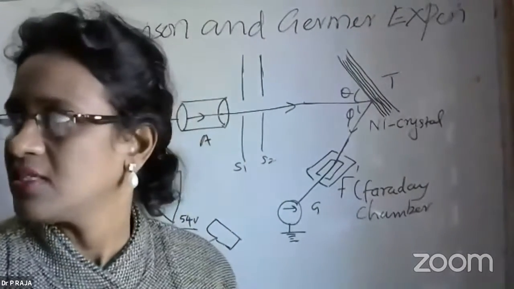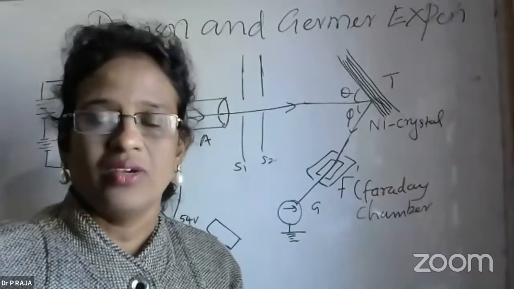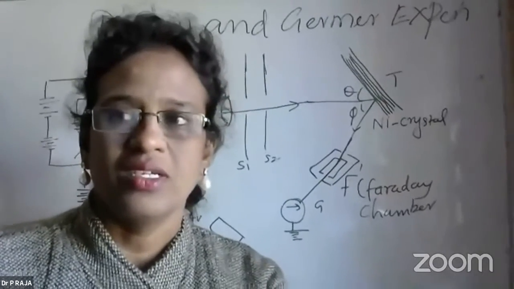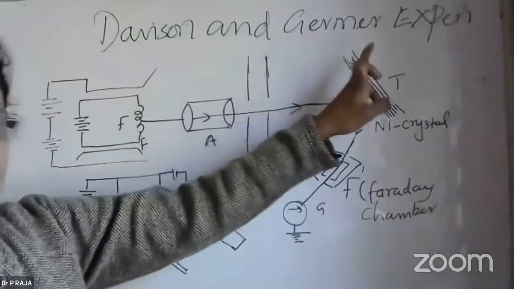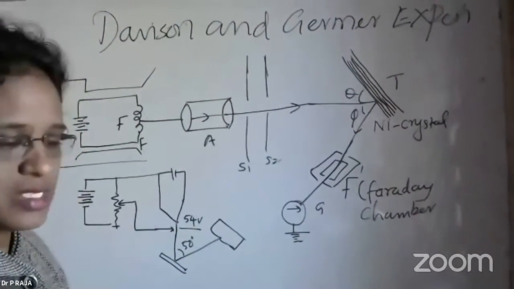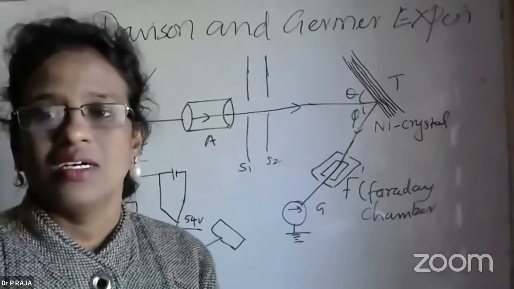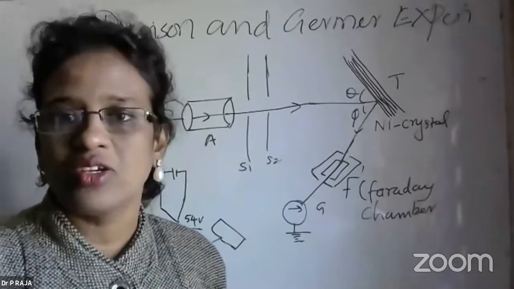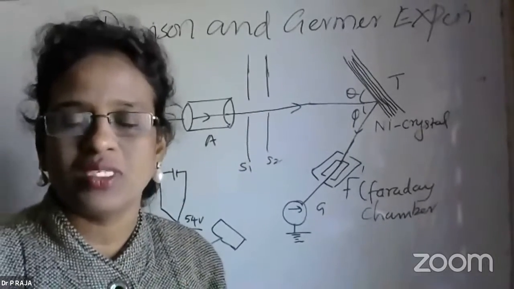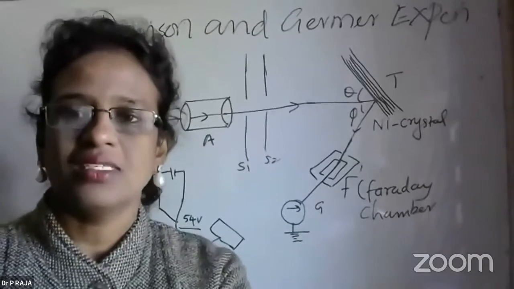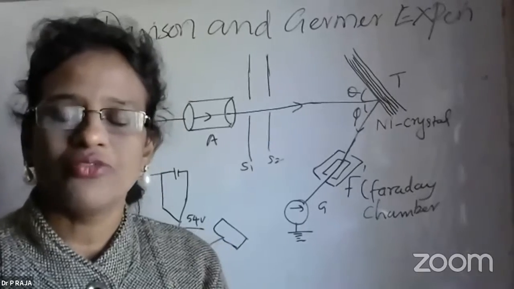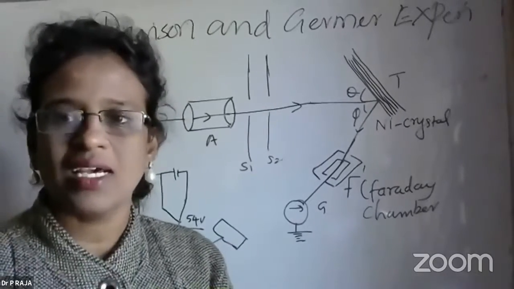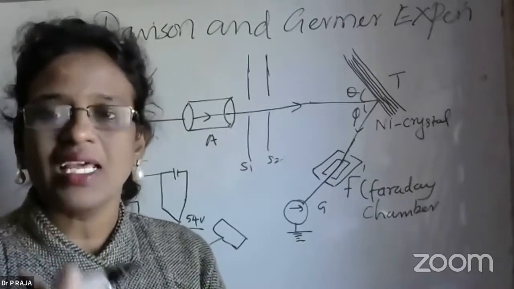Okay, good morning students. In today's class we are going to study the Davisson and Germer experiment. This experiment was done after the de Broglie concept of the matter wave, which we studied in the last class, that particles are traveling in the form of a wave as well as having the particle embedded in it.